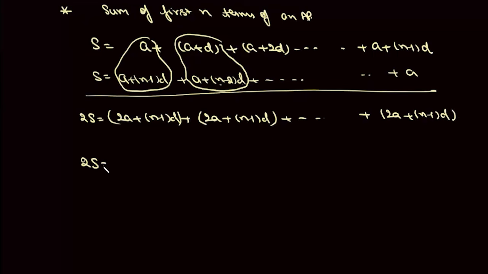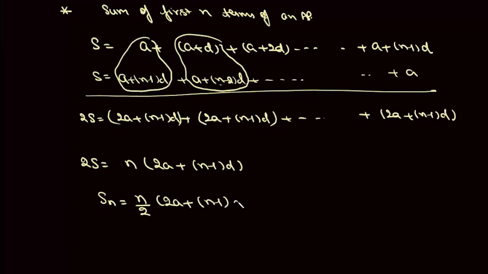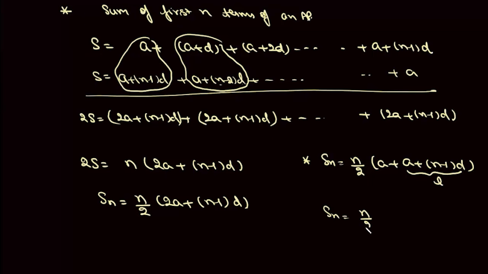So we can write this 2S as n into (2a plus (n minus 1) into d), or the sum of the first n terms will be n by 2 into (2a plus (n minus 1) into d). Another way to write this sum is S_n is n by 2 into (a plus (a plus (n minus 1) into d)), and this is nothing but your last term. So the sum of n terms will be n by 2 into (a plus l).